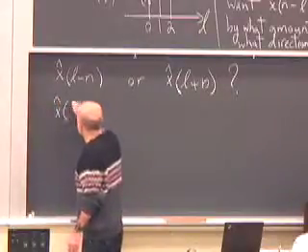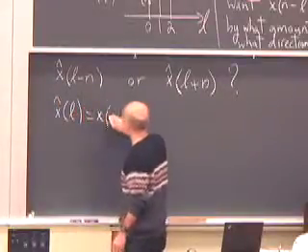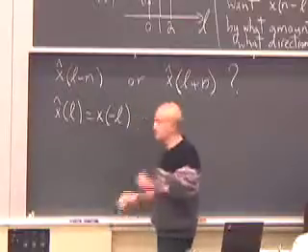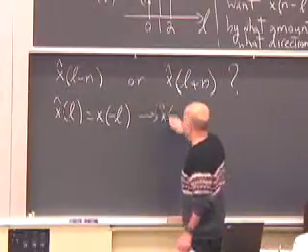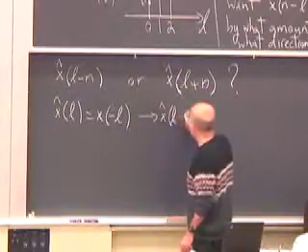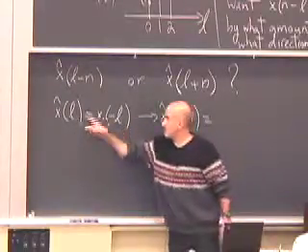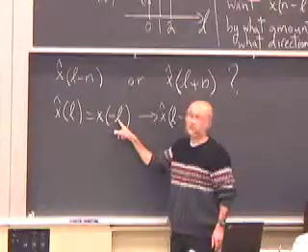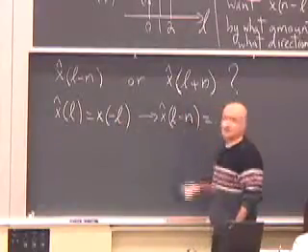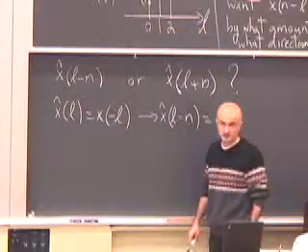X hat of L is x of minus L. Okay? So x hat of L minus n is, wherever you see an L in the right-hand side, you replace it with L minus n. Right?